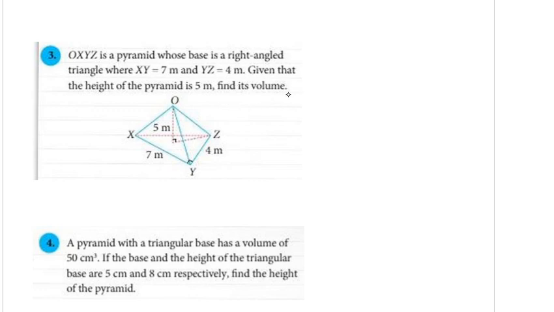It means here we need to find the base area first, because there are two very important things in finding the volume. Number one, the height of the pyramid, and number two, the base area.